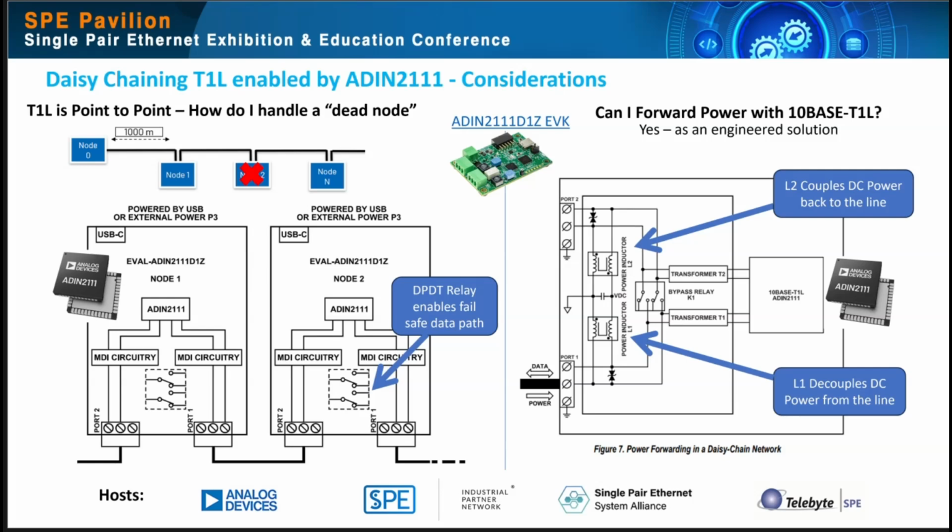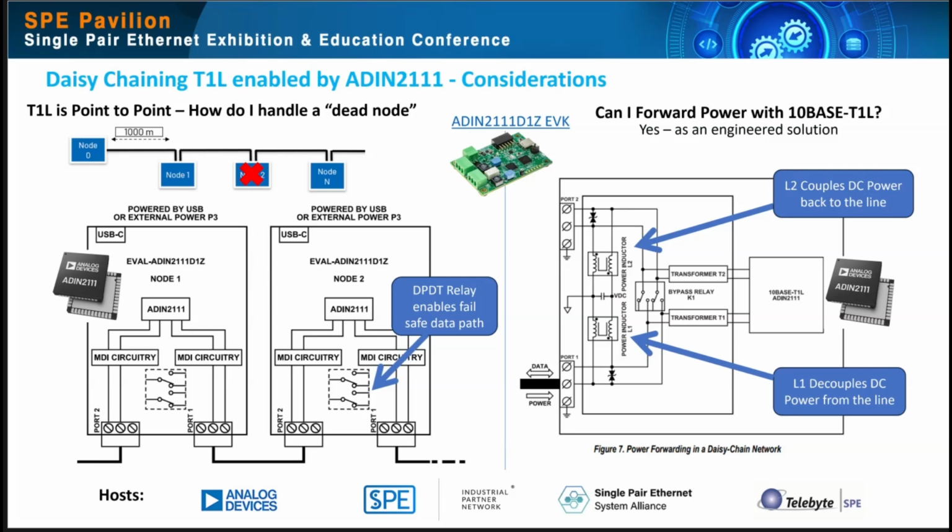If we look at power, like with T1S, there are different ways you can do this, usually an engineered power solution, and that continues also with 10BASE-T1L. It's essentially an inductor coupling power on the line and off the line for each node.